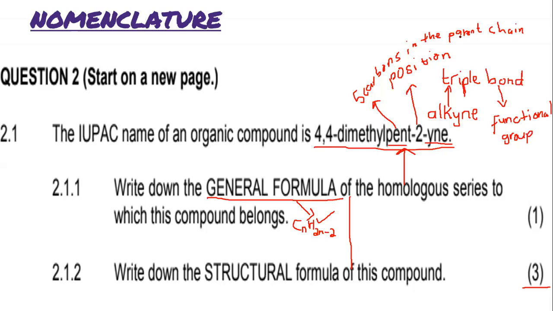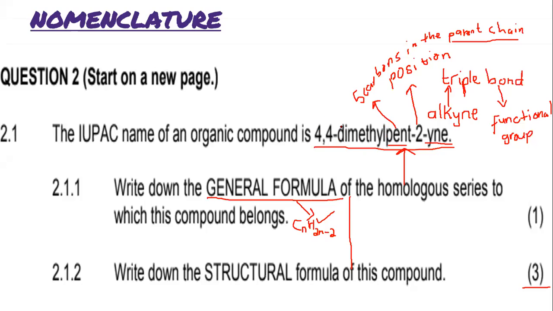Now, why are we saying in the parent chain? Because when you give an IUPAC name, we know that the pent-2-yne is the parent chain, the longest chain of carbon atoms without breaking. Then what comes before the parent chain, we refer to that as substituent.